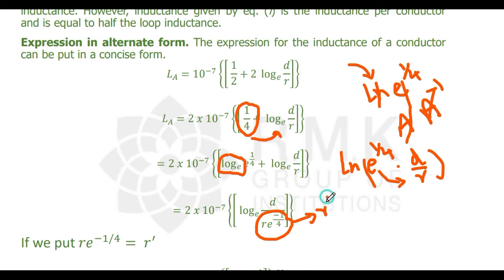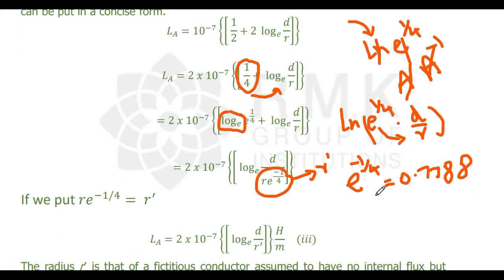Now r e power minus 1 by 4 is considered as r dash. The value of e power minus 1 by 4, if you use your calculator, you will get as 0.7788, correct? So now r dash is equal to this value multiplied by r.